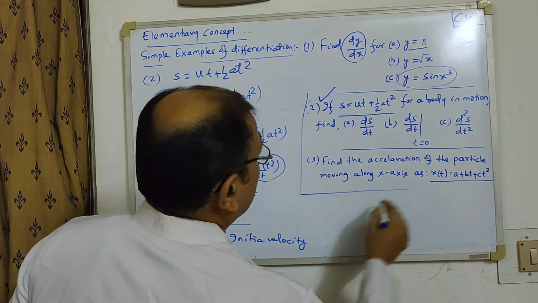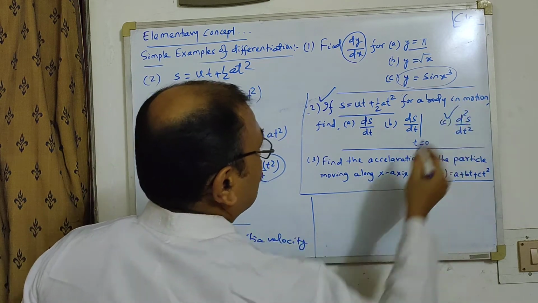And the third one is this one, d square s by dt square.